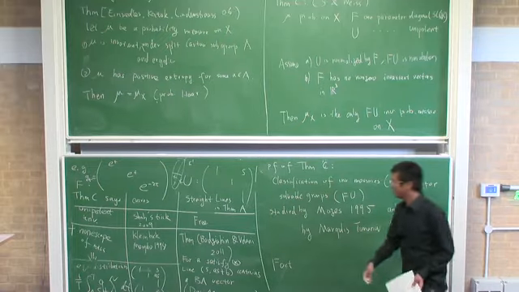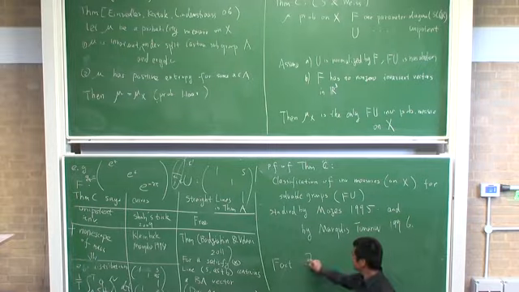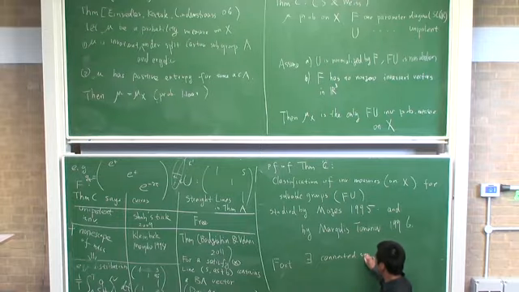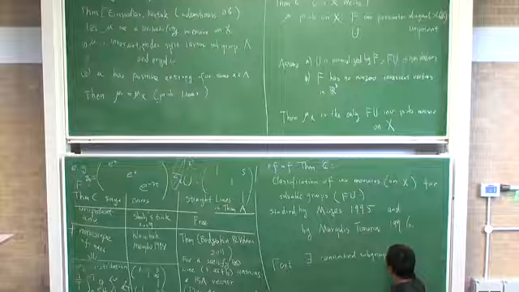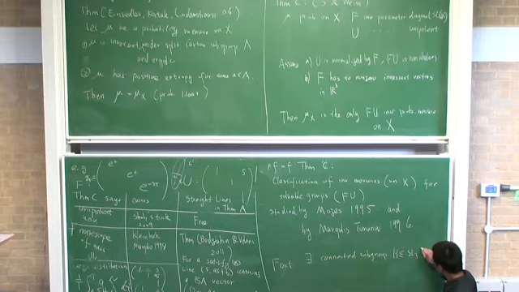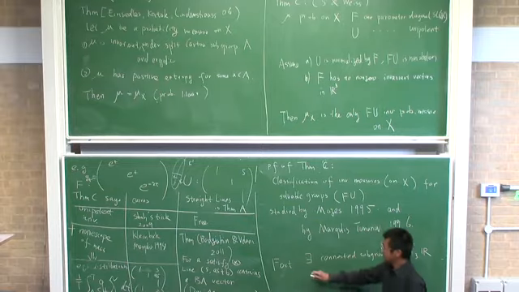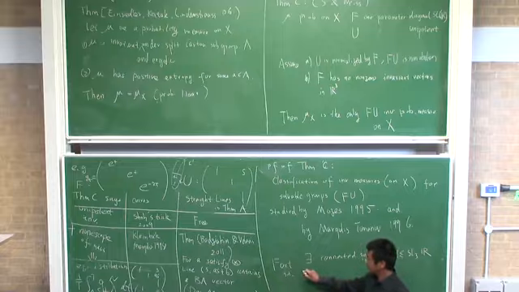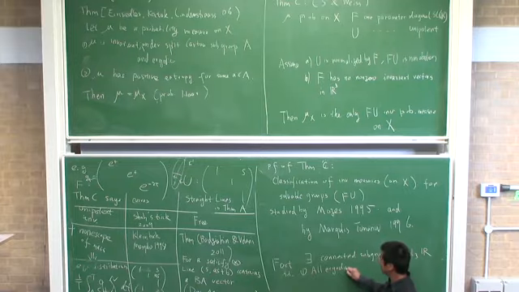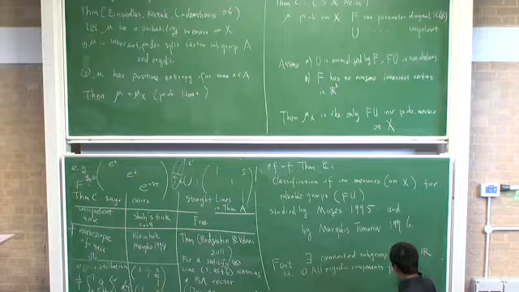Actually, it's the same. There exists a connected subgroup H of SL3 such that all the ergodic components for the group U is an H orbit.